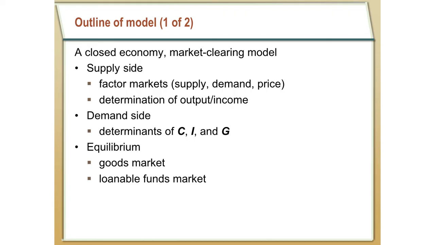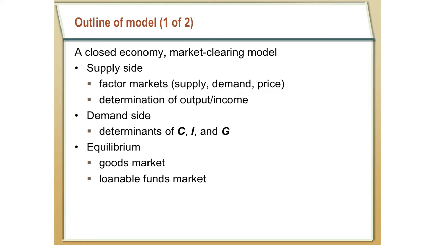Later on, we'll talk about instances where prices don't always adjust to equilibrate supply and demand, and so that's the sort of notion of sticky prices that Keynes introduced to macroeconomics. So for now, we're going to be assuming that prices are flexible, and that's a good assumption in the long run, because over the long run, prices indeed do have time to adjust, and in the short run there may be some frictions, but in the long run those things go away.